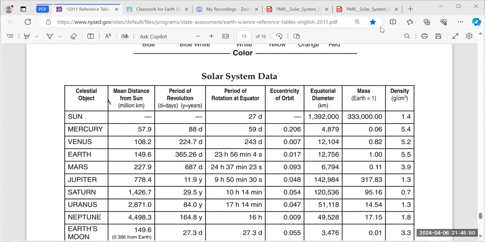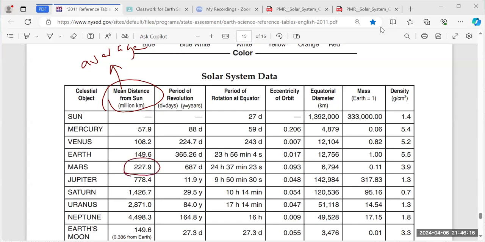So I'm going to go to mean distance, because the word mean means average. The reason it's average is because as a planet goes around the sun, it does not revolve in a perfect circle. So the distance between the planet and the sun will change as it's revolving around the sun.